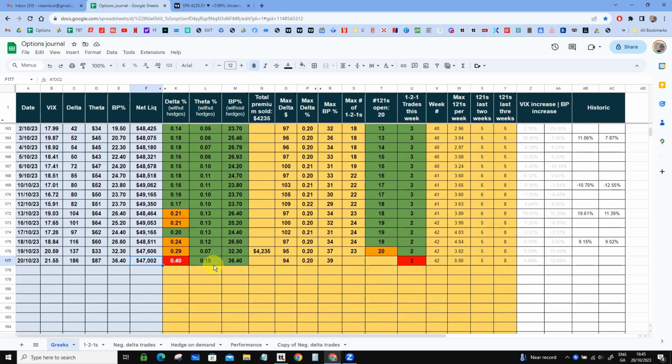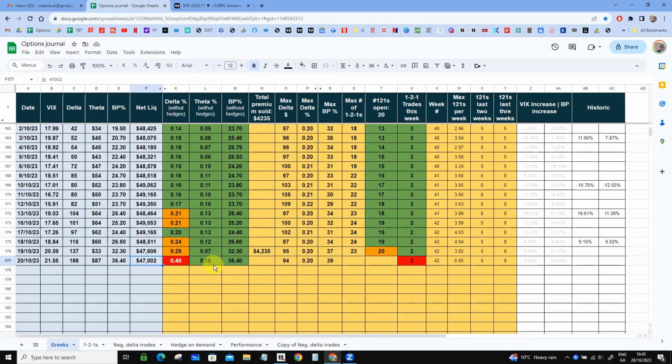For example, if you have a bunch of strangles, it's usually theta that will show you where you stand and maybe cause you to add on trades or take off. For the type of trading I do, theta is what it is, and I monitor it. But obviously, if it gets completely out of line, I would consider it. But before that happens, my delta and my buying power would probably be out of line.